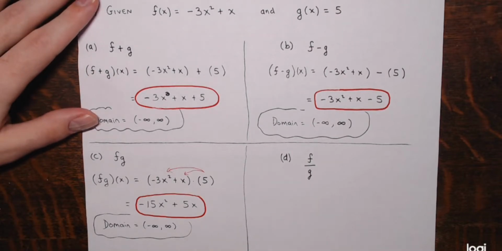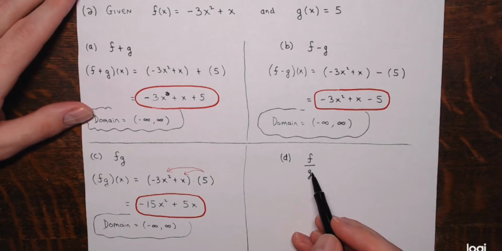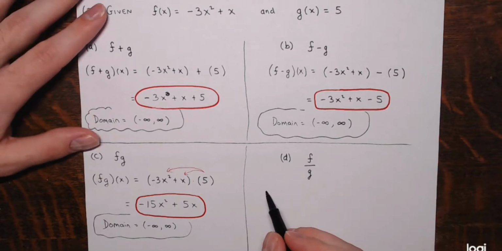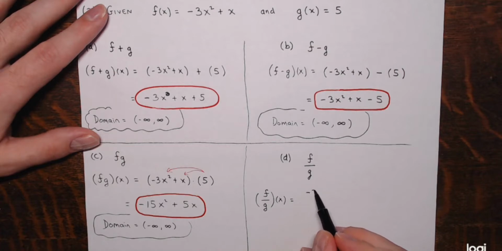And then the last part of this example, again, f divided by g. So this new function, f divided by g of x, is simply: the numerator is f, negative 3x squared plus x, and the denominator is g, which is simply 5.